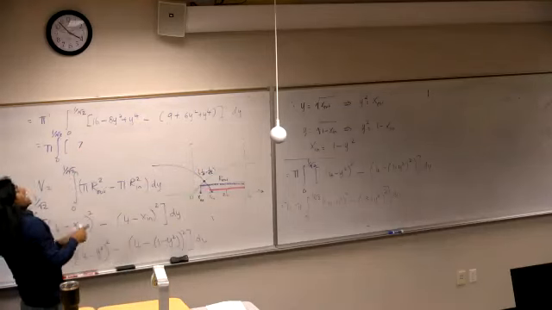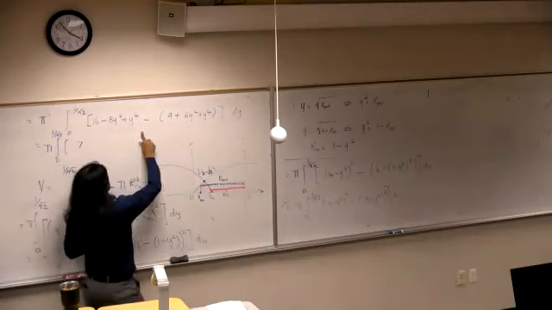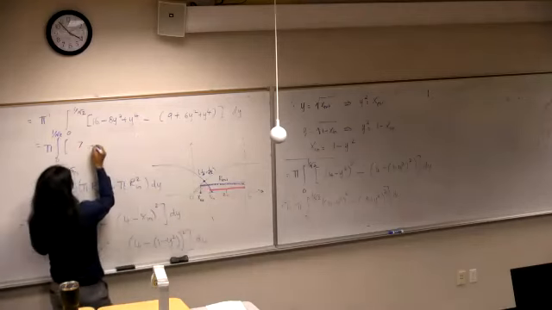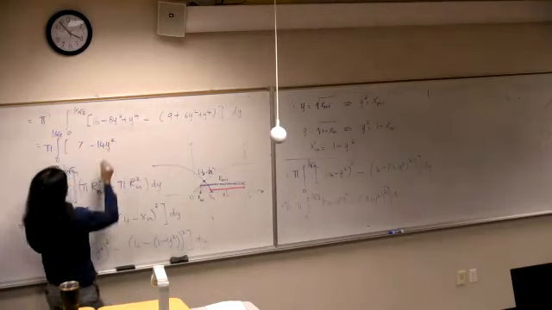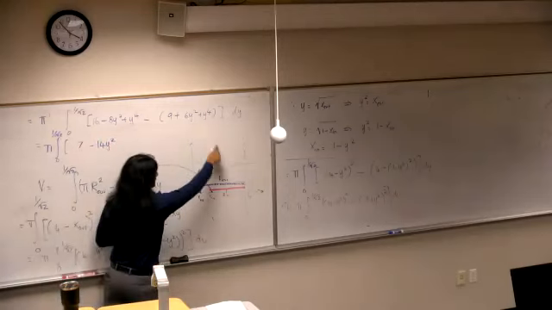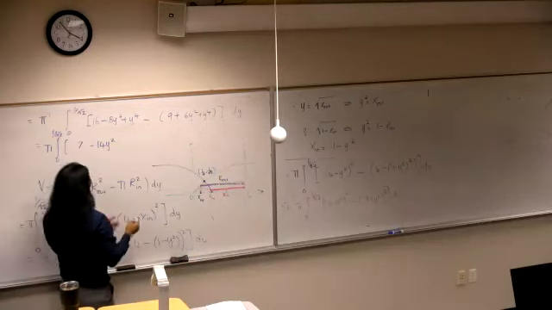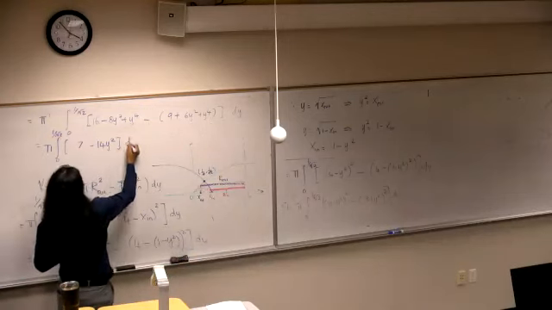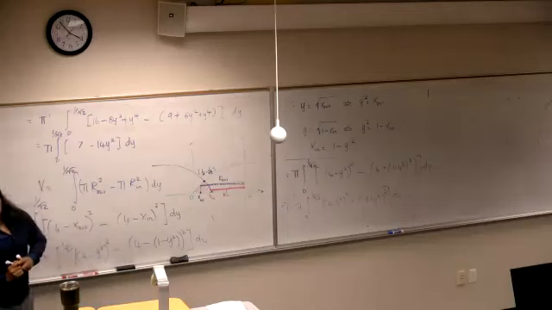Negative 8y squared minus 6y squared. Negative 14y squared. Y raised 4 minus y raised 4. This is 0. Good.